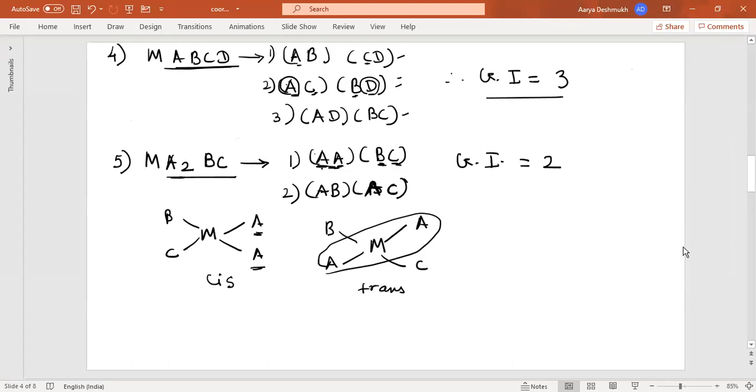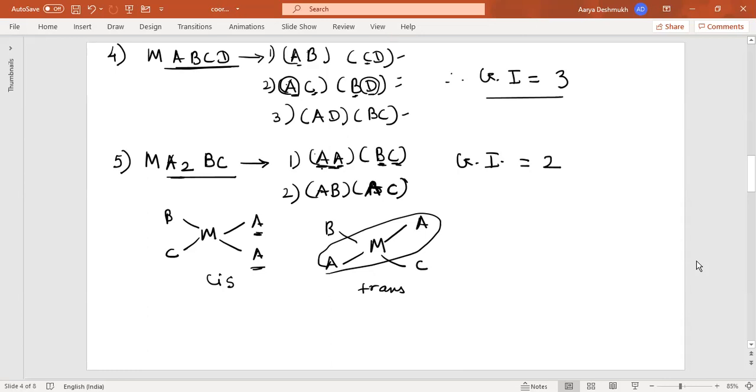If you use this trick, you will easily be able to find the number of geometric isomers in square planar complexes. And remember always, there is no geometric isomerism possible in tetrahedral complexes, but there is the possibility of optical isomers or enantiomers in tetrahedral complexes.